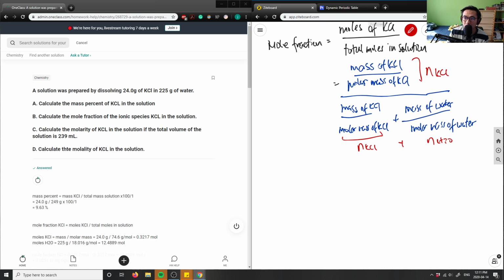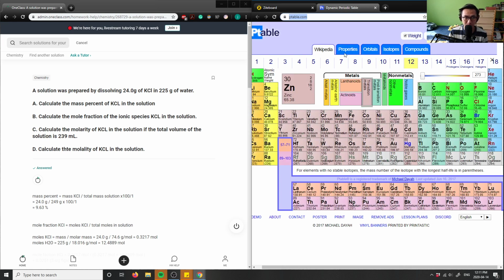So let's plug this all into our calculator. Sorry, I did this in blue. Siri randomly goes off. I don't know why. So this is the mass of potassium chloride, 24.0, divided by the molar mass of potassium chloride. We can look at our periodic table here.